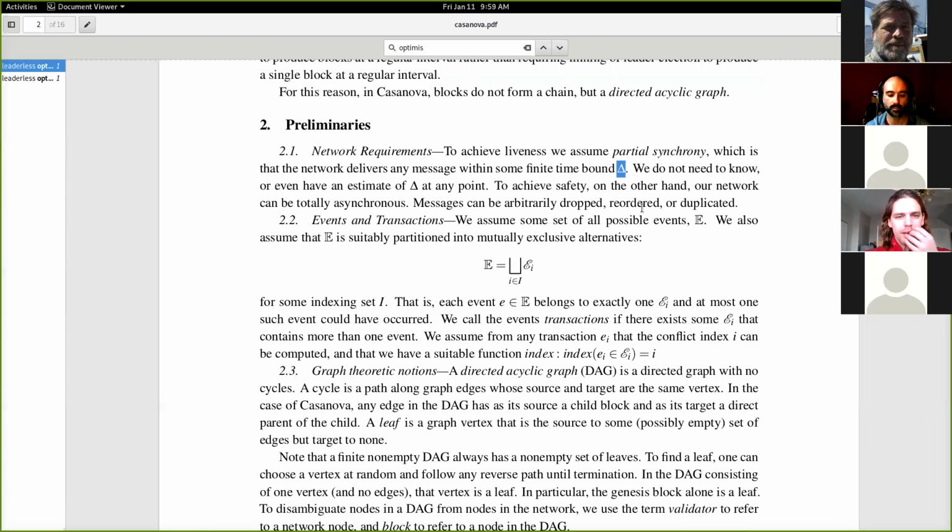Yeah, this means that we have some kind of timeout that we can say, okay, I will not wait anymore. Oh, this is like kicking out lazy validators? Because I'm thinking that if you make some assumptions about time, you must say something about timeout. You're assuming that you will receive something in some amount of time.